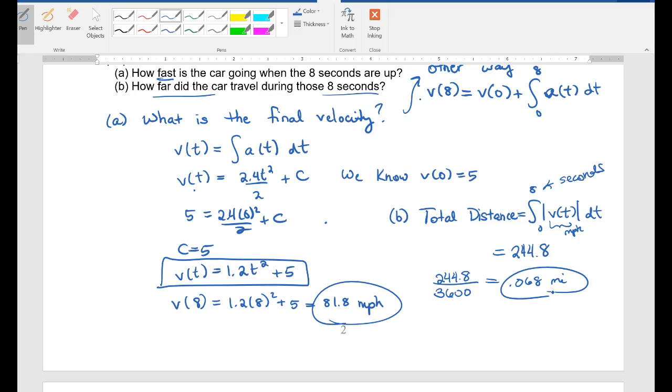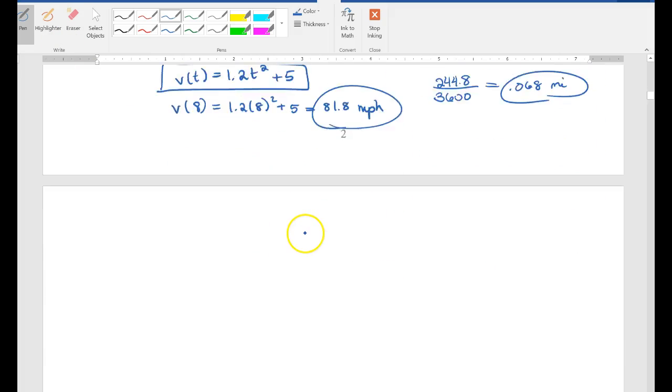If you want to change the 8 seconds to reflect how much of an hour, that's fine. It doesn't matter if you change it at the beginning or the end. It's the same, because multiplying by a constant doesn't change anything with how you integrate.